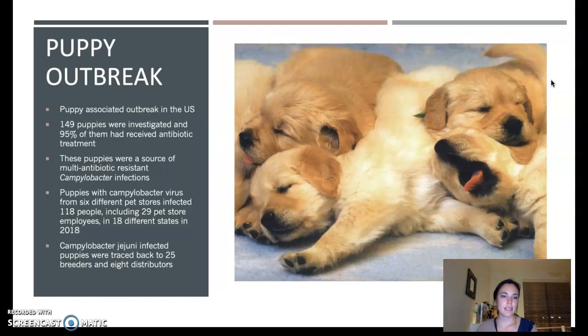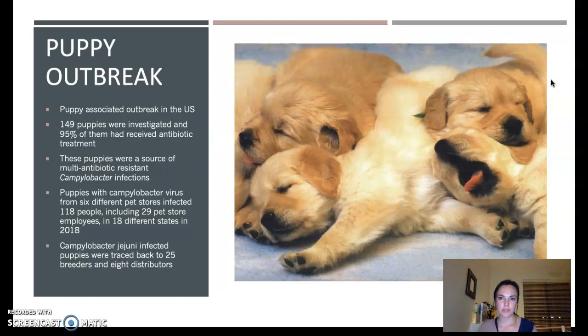In 2018, there was a recent outbreak with puppies in pet stores, and it was traced back to about 25 breeders and 8 distributors who administered these puppies to about 6 different pet stores.